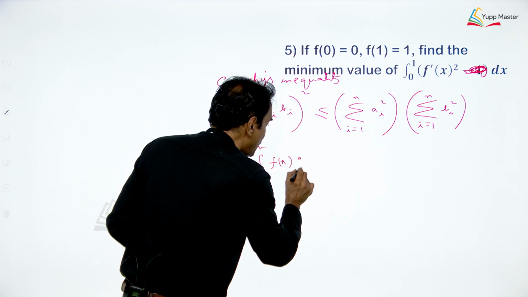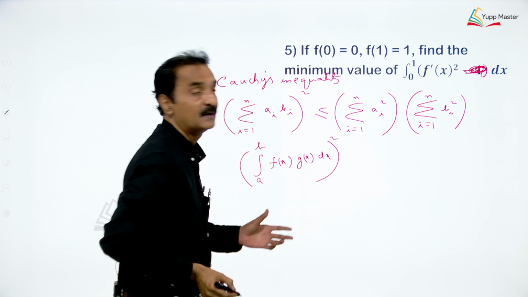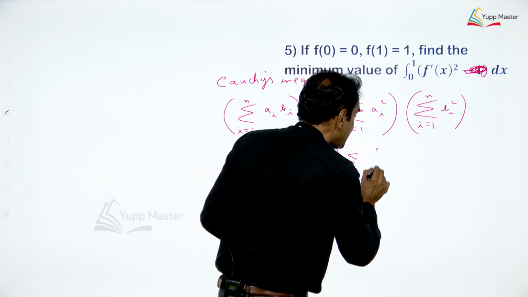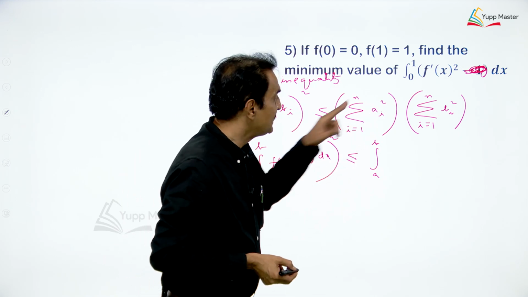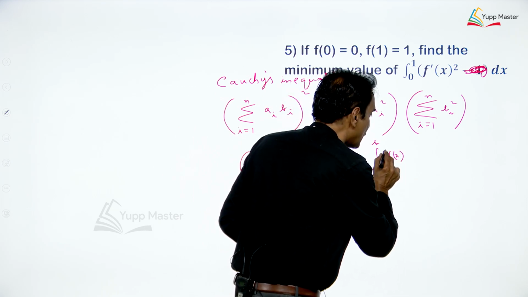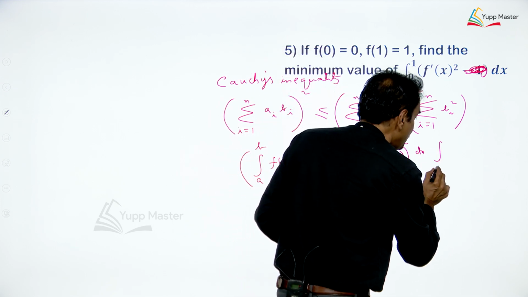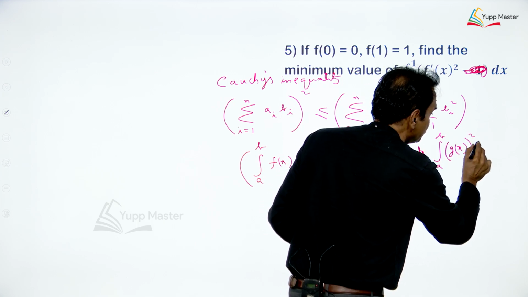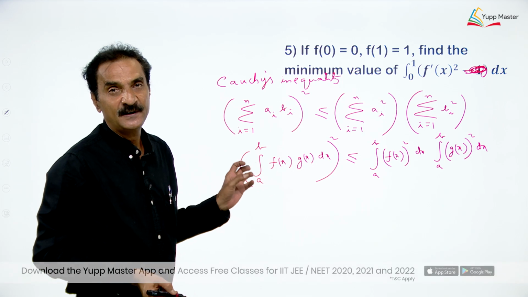Integral of f of x into g of x dx whole square is less than or equal to integral a to b, instead of sigma we are getting integral with limits, f of x whole square dx into integral a to b g of x whole square dx. This is called Cauchy's inequality in definite integration.